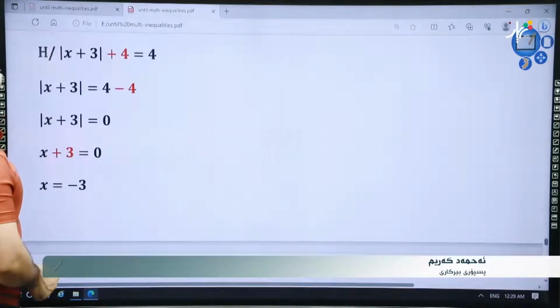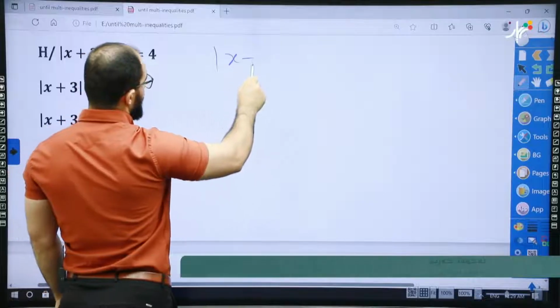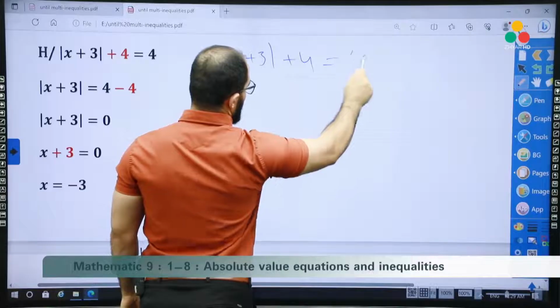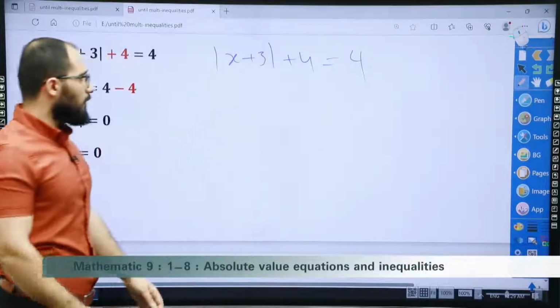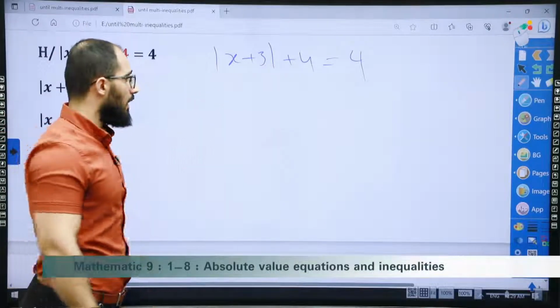Okay, example H: we have the absolute value of x plus 3, plus 4, is equal to 4. Before we open the absolute value, we should simplify it. How?